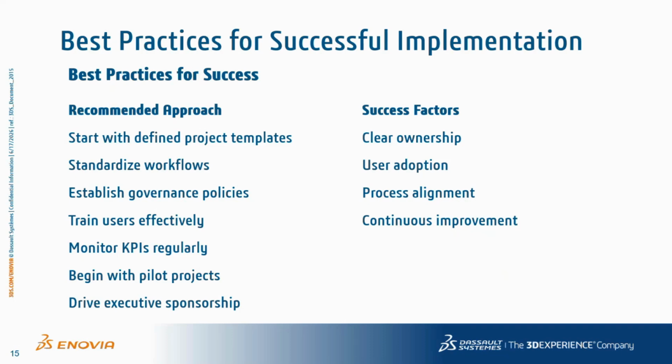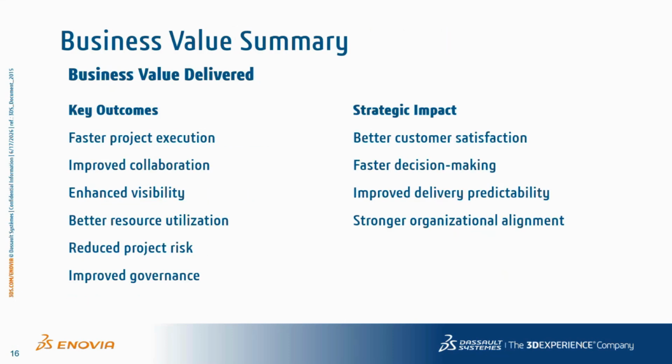Then what are the success factors? You have clear ownership, user adoption, and process alignment, where every user aligns with the process you have defined. And then you have continuous improvement. This is not a solution that stops; you have room for continuous improvement as well.